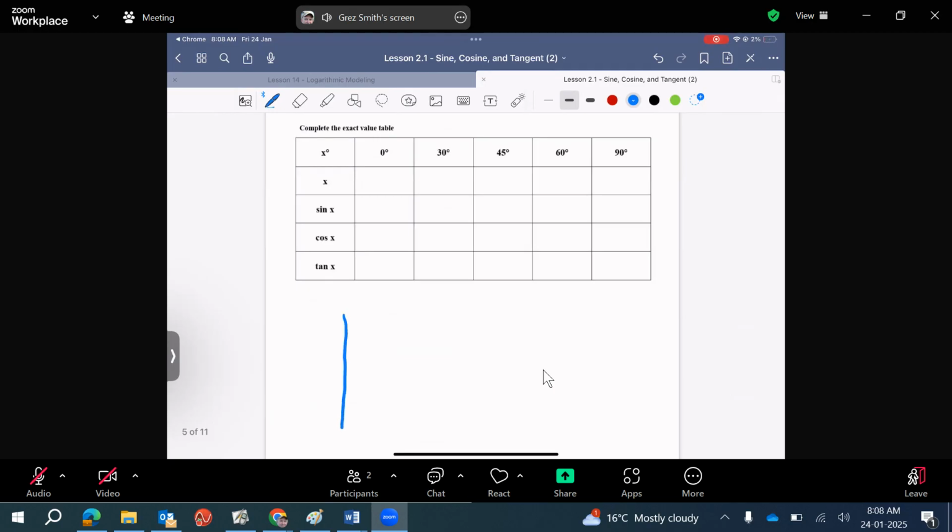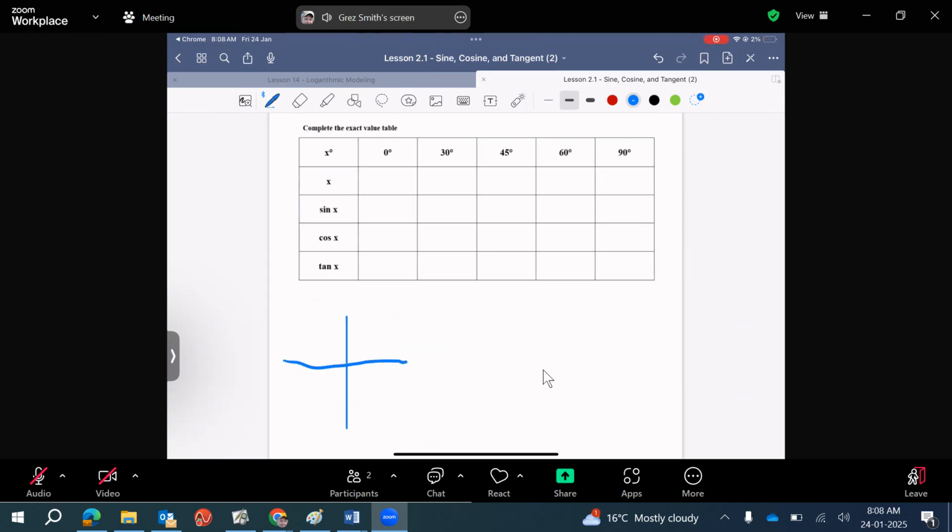So if we take the unit circle, like this one, the most important thing to remember is this is 1, 0, and this will be 0, 1. So if you remember, in the unit circle, when we draw our terminal ray, then the coordinates here are cosine of theta, sine theta, and there's theta.